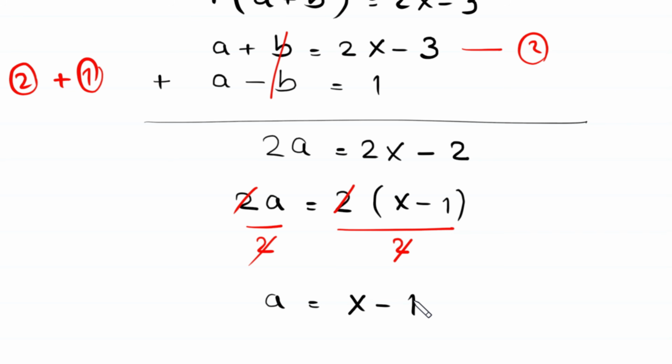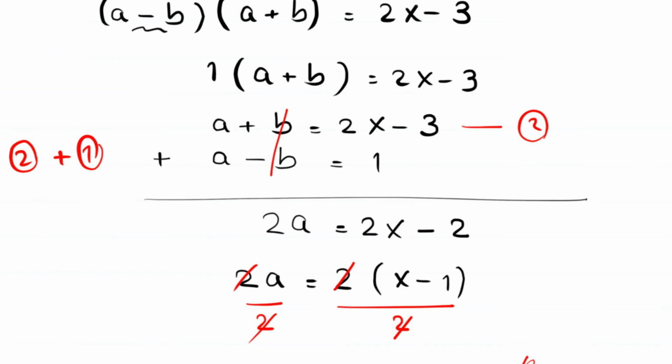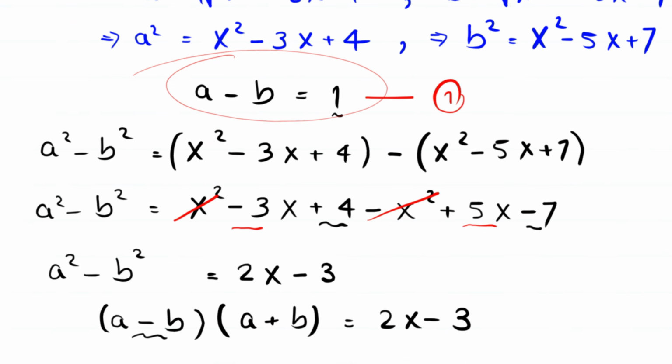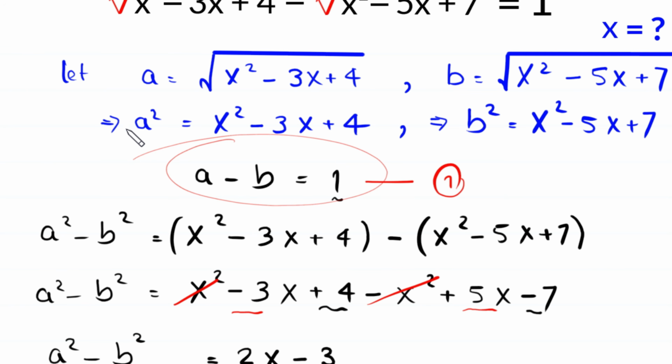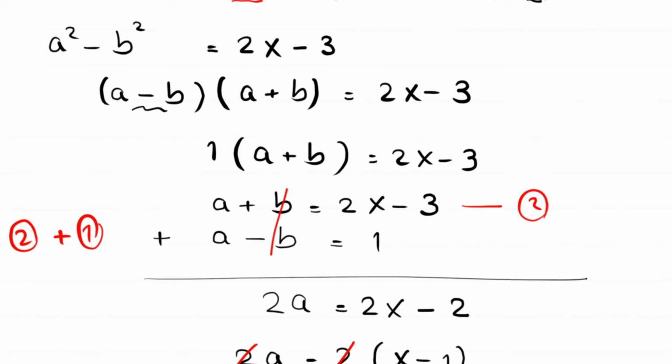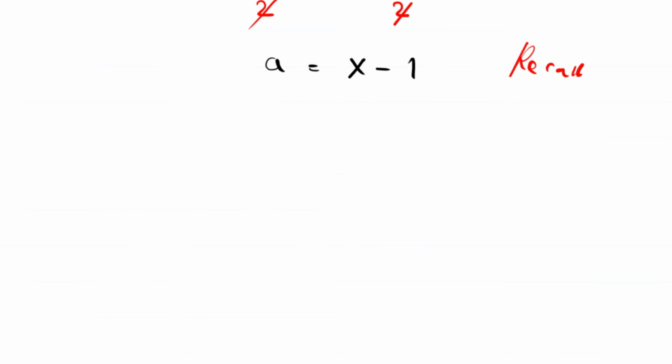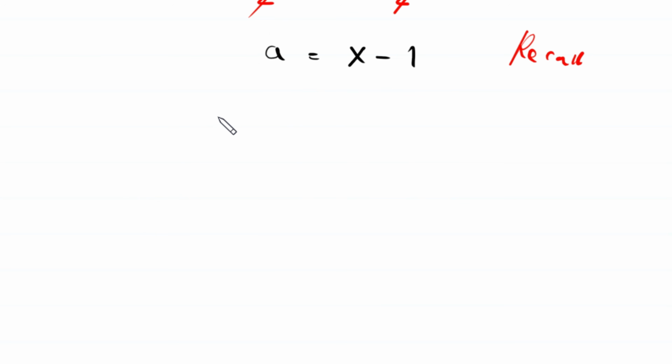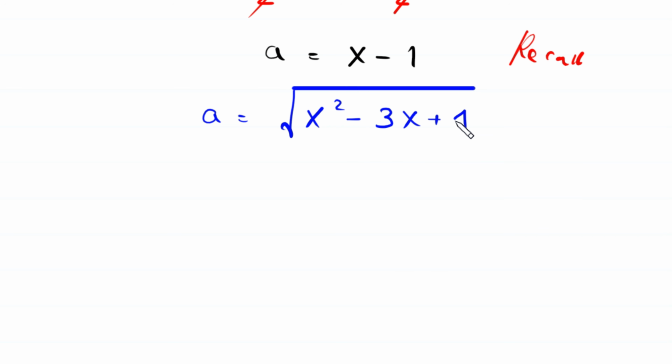Now to find the values of x, recall that we have supposed that a is equal to the square root of x squared minus 3 times x plus 4.